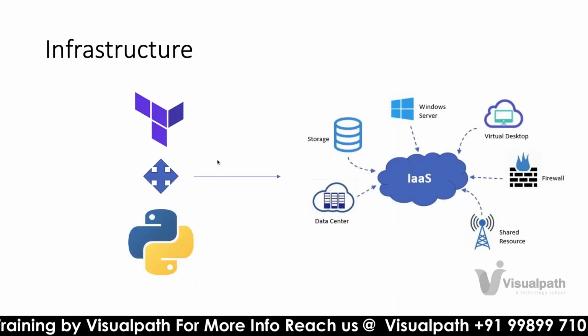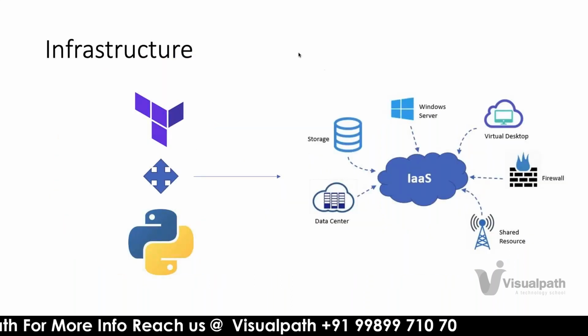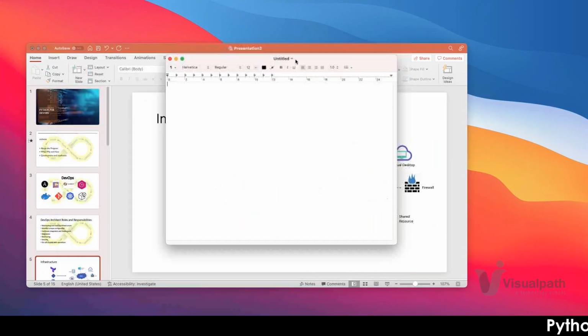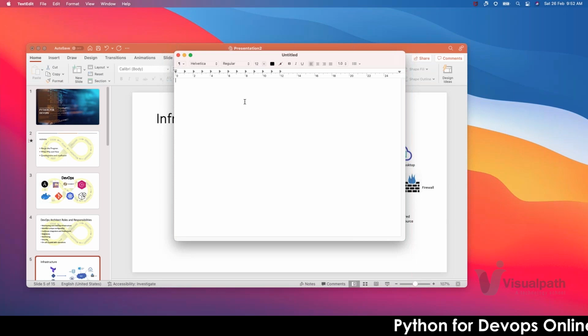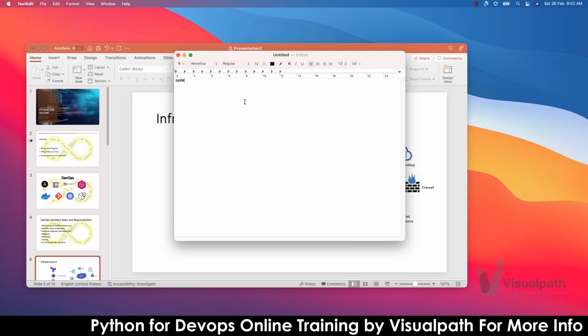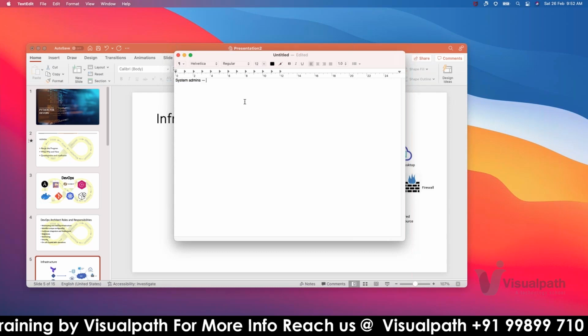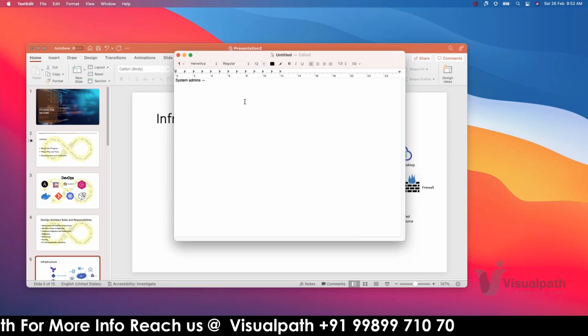Okay, fine. So before going to the infrastructure, let me give a quick overview again about cloud automation. If we discuss creating or maintaining the infrastructure, we used to see system admins in the enterprise decades back.